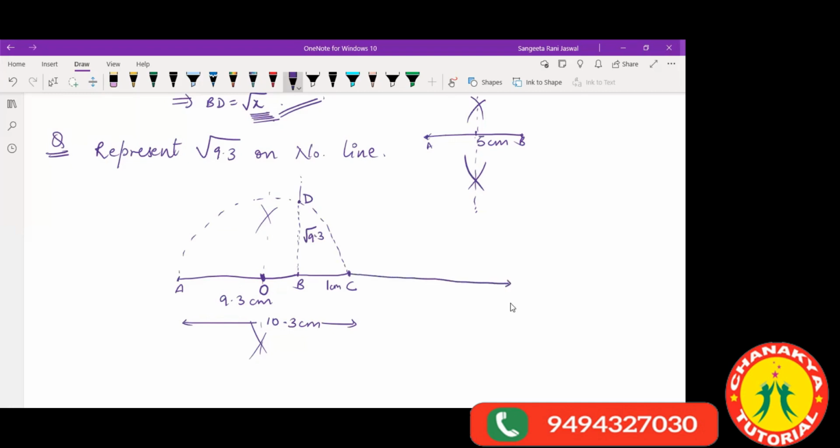So what we will do, we will keep the compass pointer at B and pencil at D and make a big arc like this, wherever it touches the x-axis. Wherever it intersects the x-axis, from B to that point is your root over 9.3. This distance is your root 9.3.